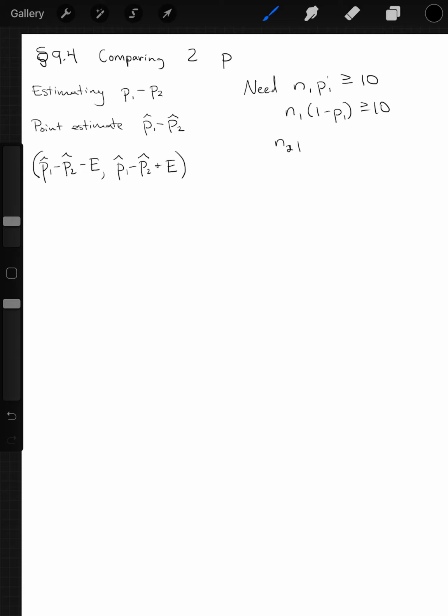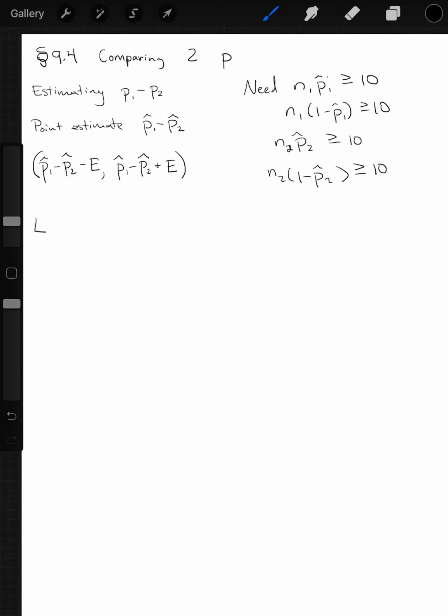And we also need that to be true of the second population. And these should all have hats, sorry. N2 times 1 minus P2 hat also needs to be bigger than 10.